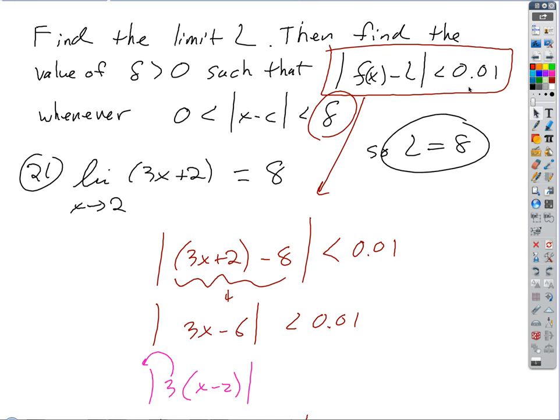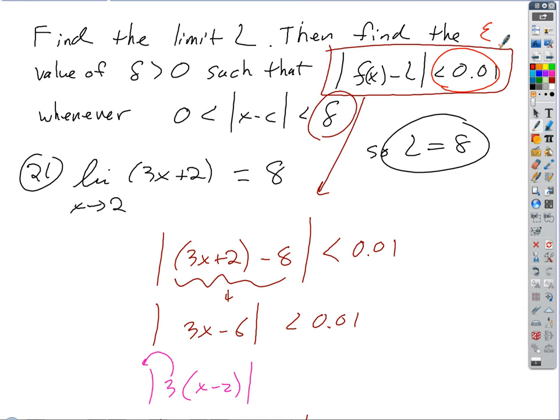So this is just epsilon, right? And we're going to find the value of delta. How close does x have to be to c in order to make sure that my function is within this accuracy of the actual value of the limit, right?